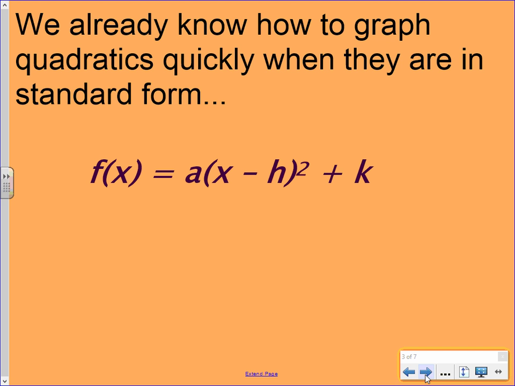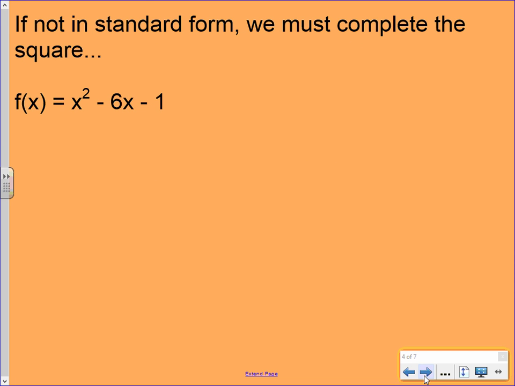Okay? So, if a quadratic is not in our new standard form, we have to get it there. Please write this example down. We are going to go through a technique called completing the square.